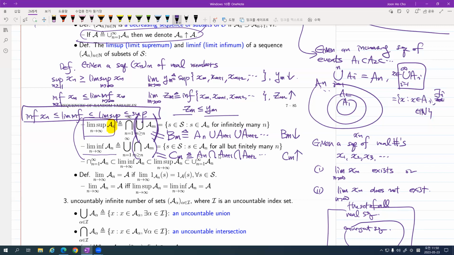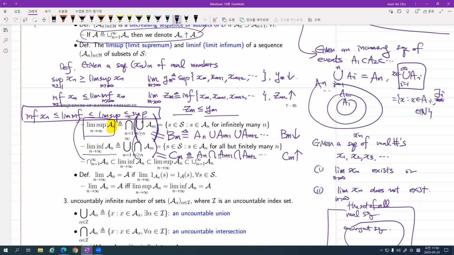So there is a parallelism between the lim sup and lim inf of a sequence of real numbers and the lim sup and lim inf of a sequence of events or sequence of subsets. Now, instead of taking the limit, you take the intersection. What does that mean? As I told you already, this is a decreasing sequence. Given the decreasing sequence, you take the intersection.